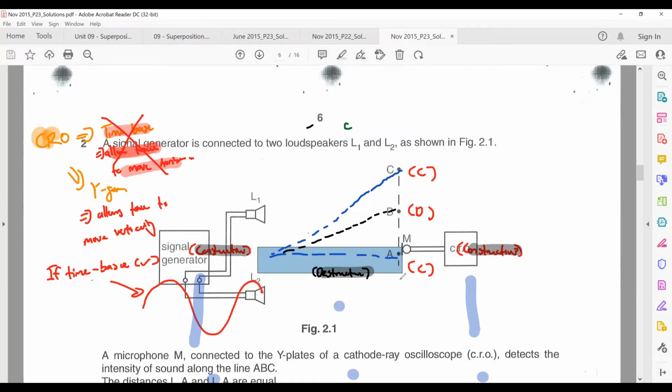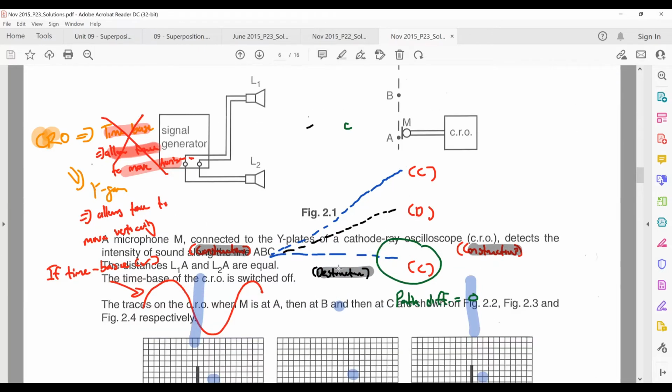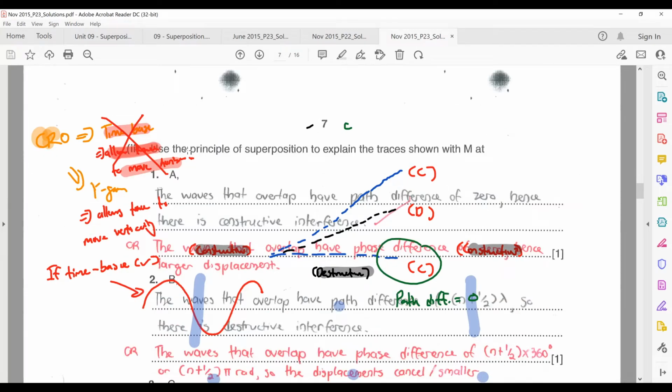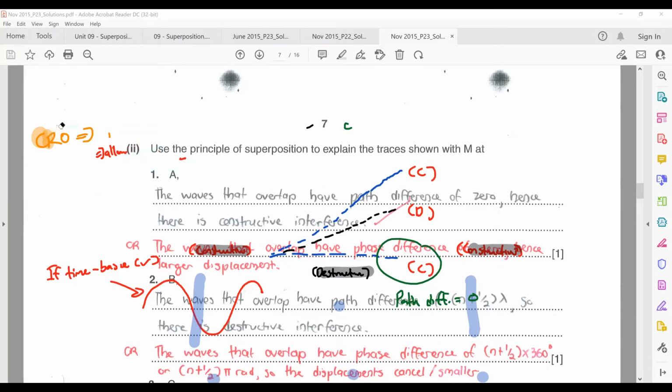At the same time, I know that its path difference is equal to 0 because it's the center line. So I will say something along these lines: waves that overlap at point A have path difference of 0, therefore there is constructive interference. That's all they needed you to say.